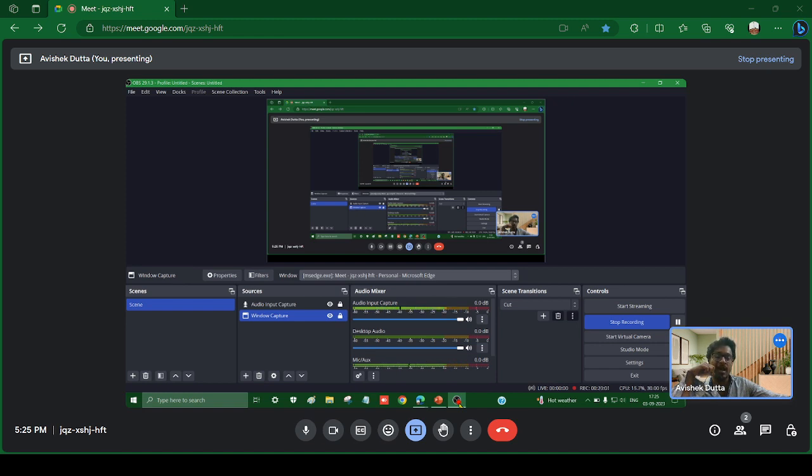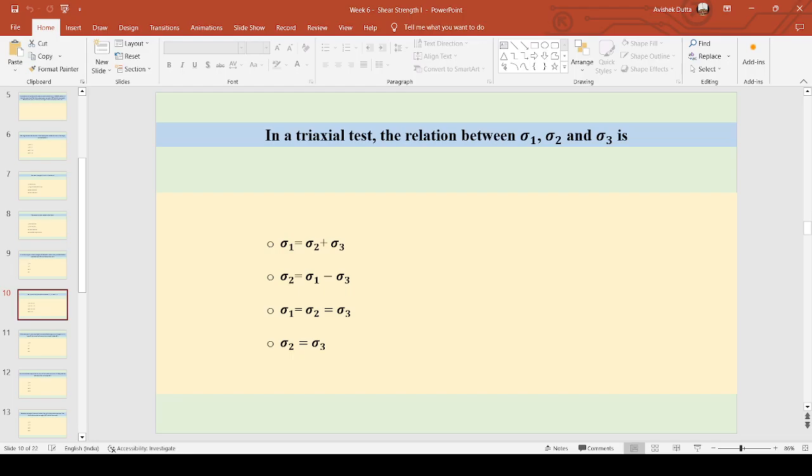Now, the question asks about the relationship between sigma 1, sigma 2 and sigma 3. Which of these relationships is the correct one in a triaxial test?